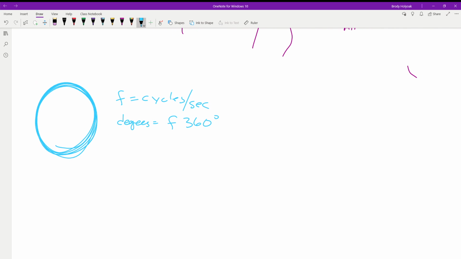Yeah, 60 times a second multiplied by 360 degrees for each complete cycle. And that gives me how much? 21.6? I've gone 21,600 degrees in 1 second. I've gone around this loop 60 times. Okay, how many radians?